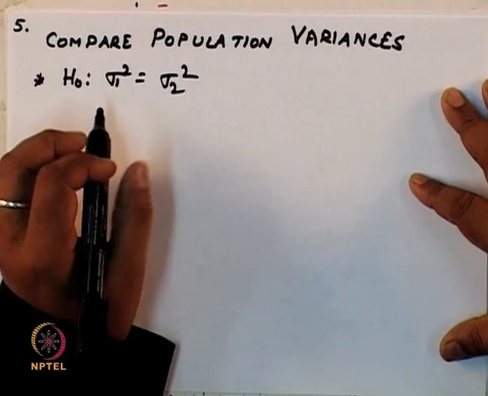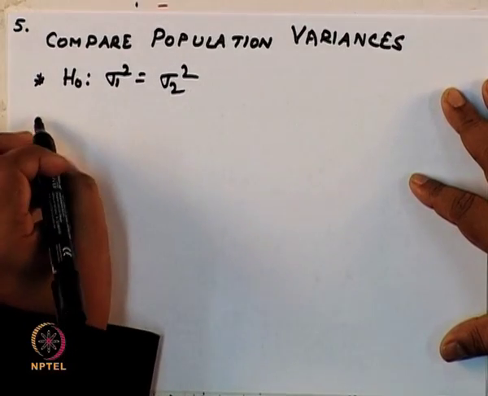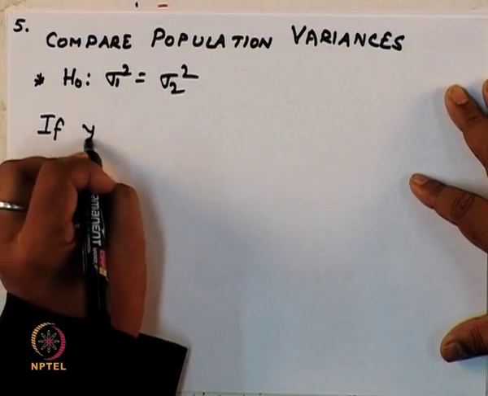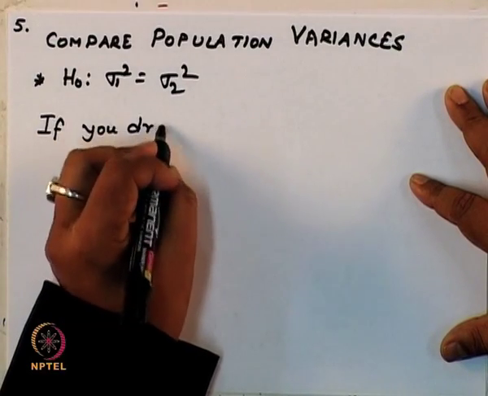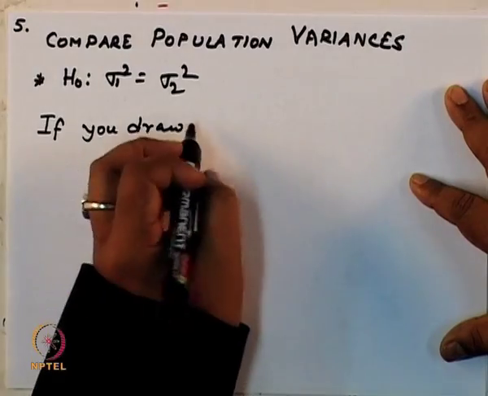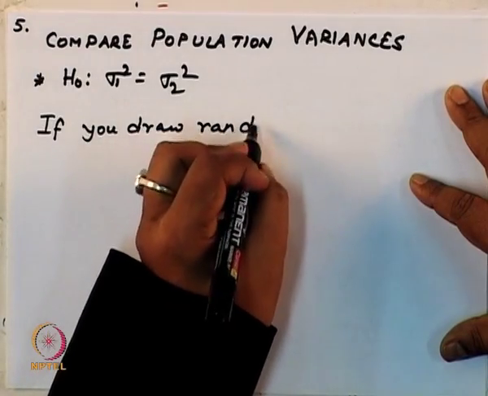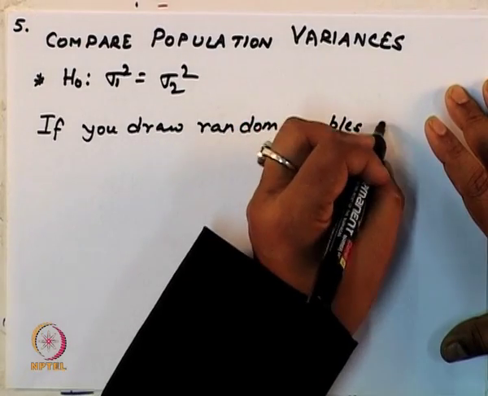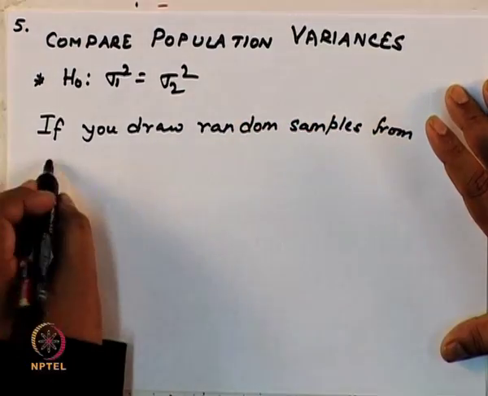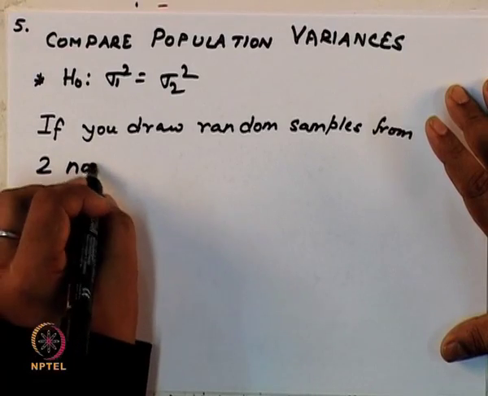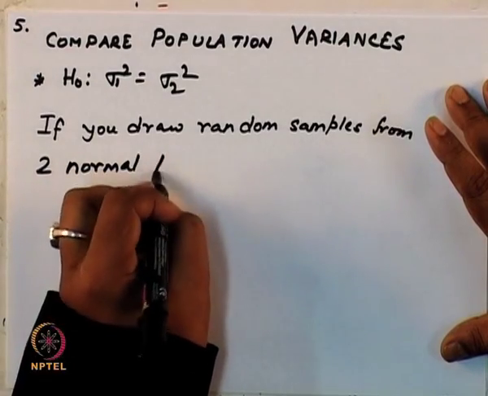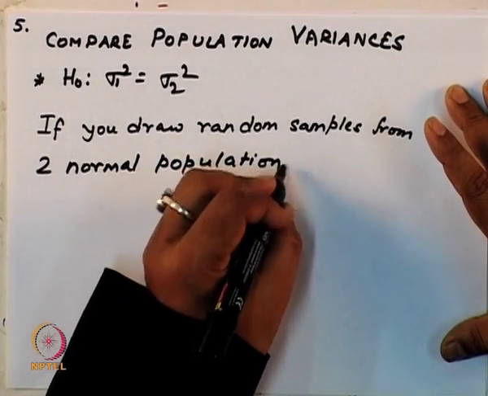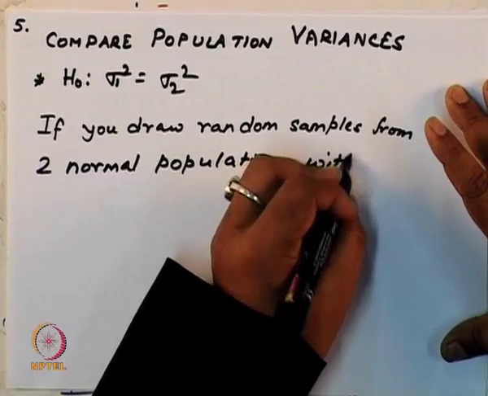In this case, you draw random samples from two normal populations with equal variances.